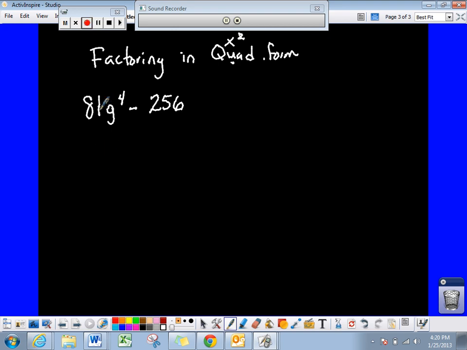Square root of 81 is 9, so we can say 9g to the second, and all of this can be squared. It's almost like doing a substitution. So we can let u equal 9g to the second, and it just makes it a little bit easier.